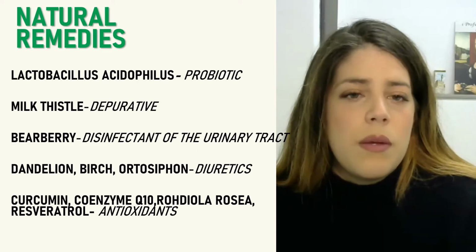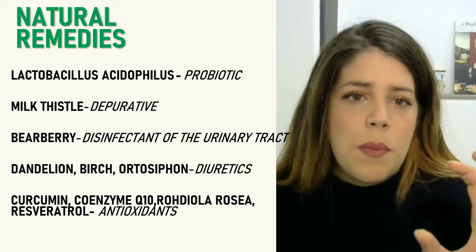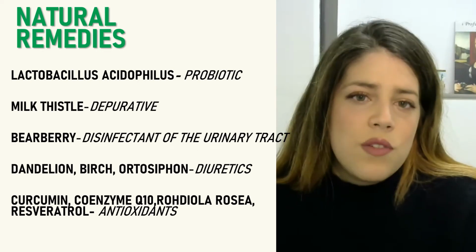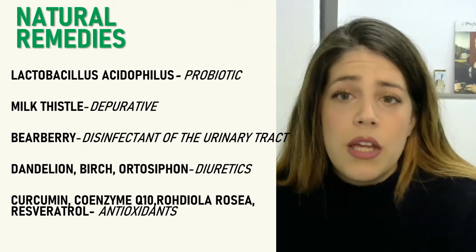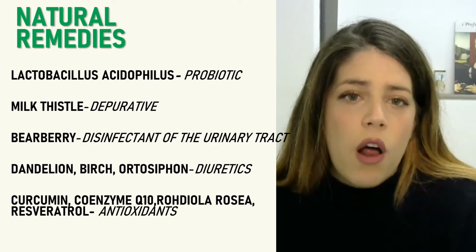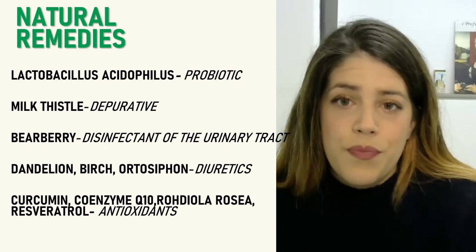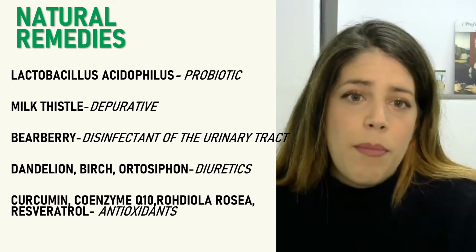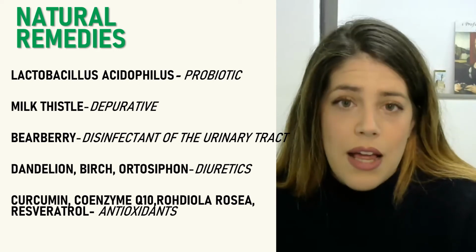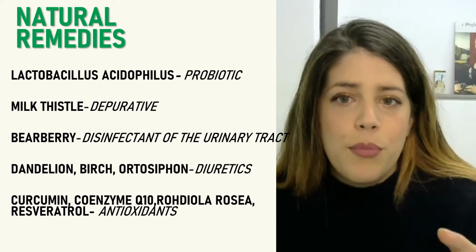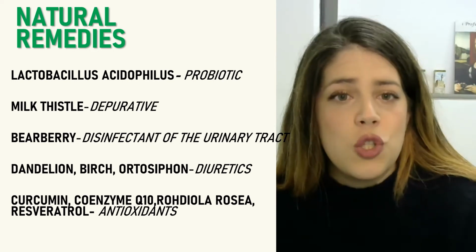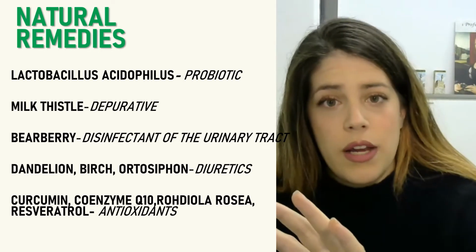The second plant I would like to talk about is bearberry. Bearberry is recommended by the German Commission E for the treatment of acute and chronic urinary tract infections, including cystitis. This property is given by hydroquinone glycosides, which are molecules that are broken down in the intestine into glucose and hydroquinone.